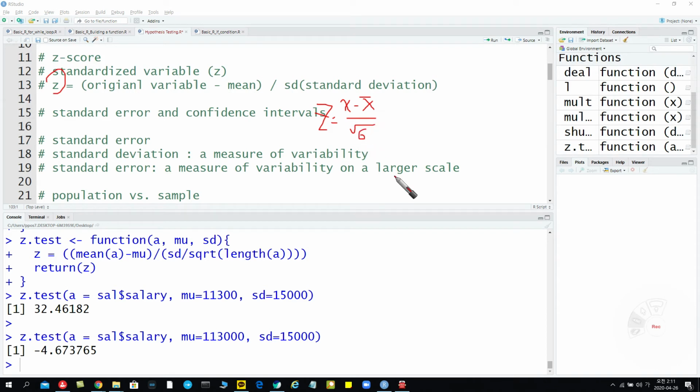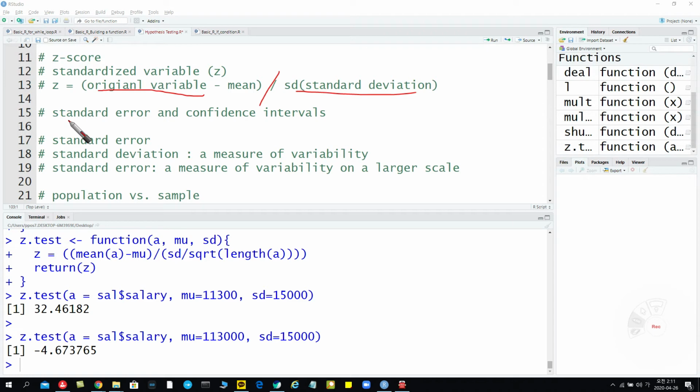Don't forget this formula. So actually, original variable minus mean divided by standard deviation.